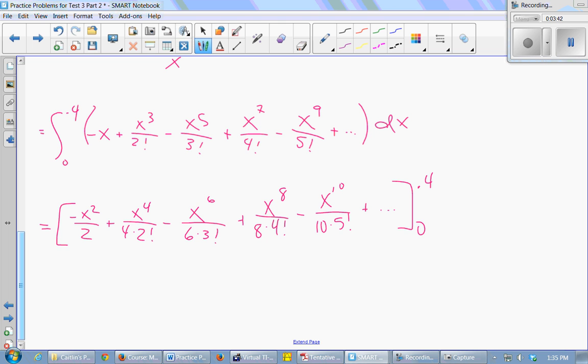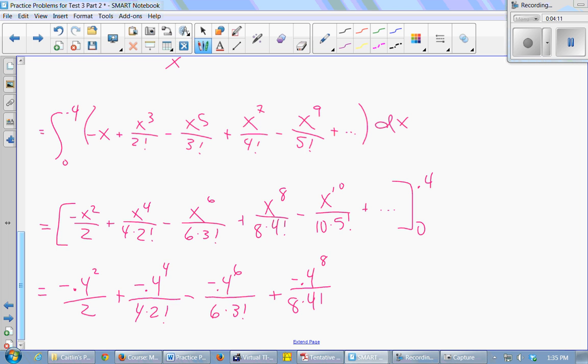So I plug in 0.4s. Negative 0.4 squared over 2 plus negative 0.4 to the 4th over 4 times 2 factorial minus negative 0.4 to the 6th over 6 times 3 factorial plus negative 0.4 to the 8th over 8 times 4 factorial minus negative 0.4 to the 10th over 10 times 5 factorial plus dot dot dot.